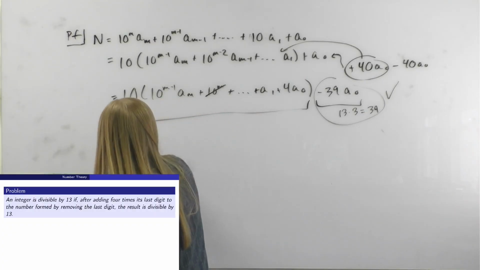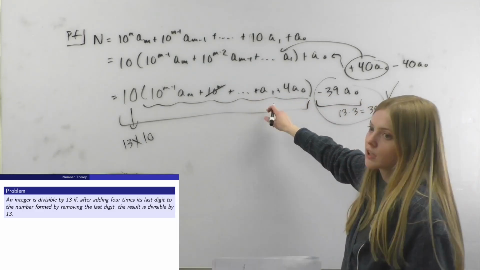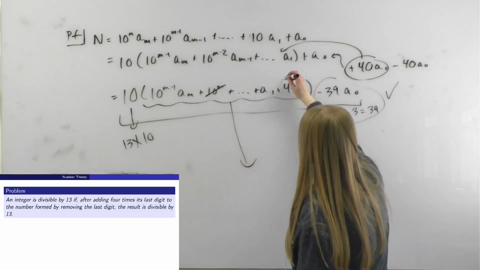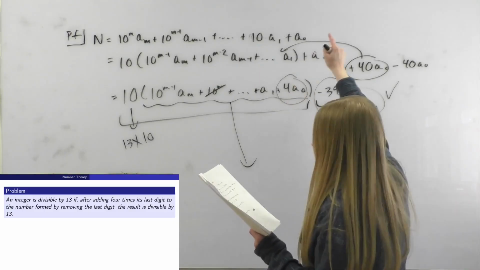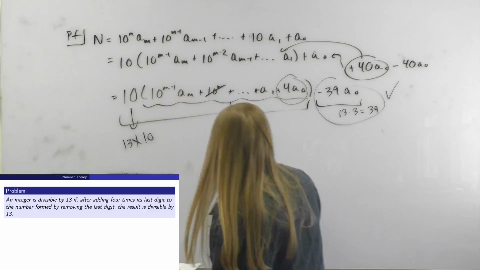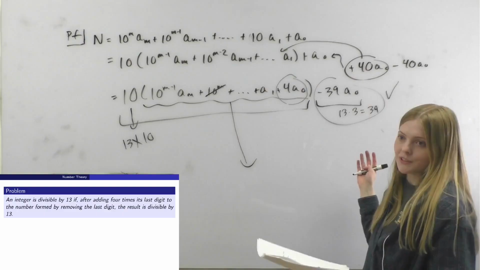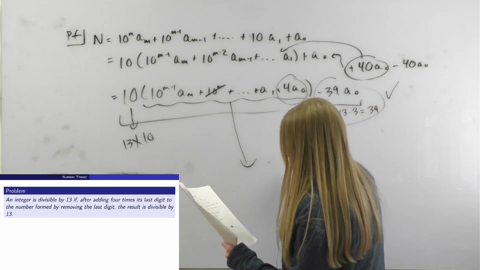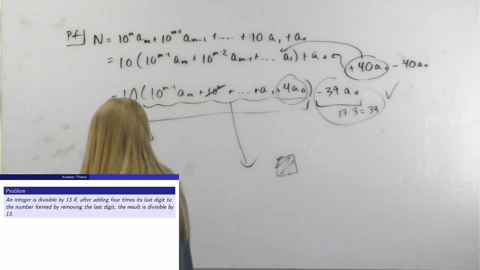We know 13 does not divide 10. So we're really depending on this piece here. But if we note, this is quite literally the theorem statement. We take 4 times the ones digit, add it to the number formed by the rest of the digits, and if this number is divisible by 13, then our whole number is divisible by 13. Okay, cool. So I think we're okay to just QED it, right? We feel good? Okay.